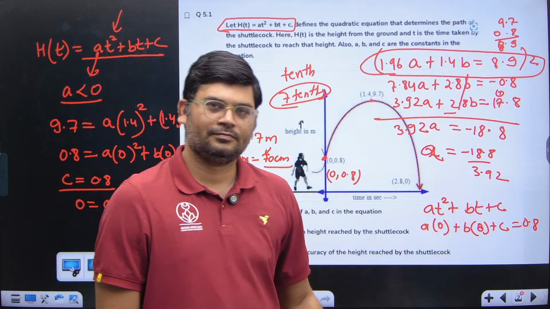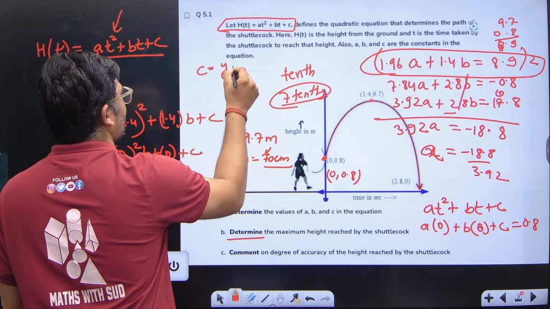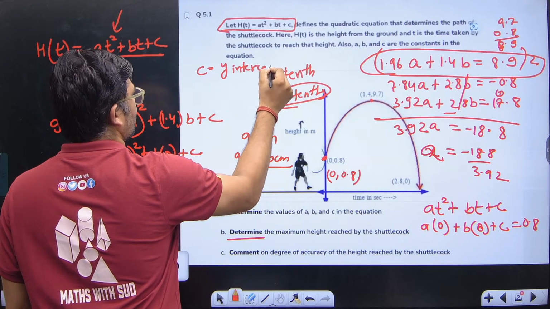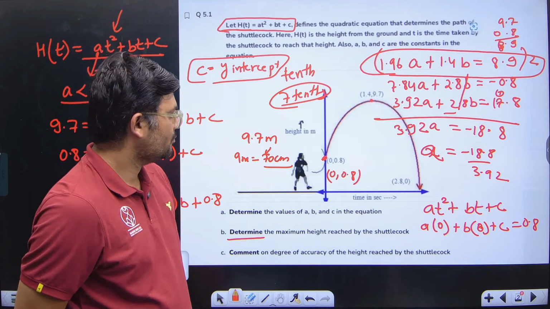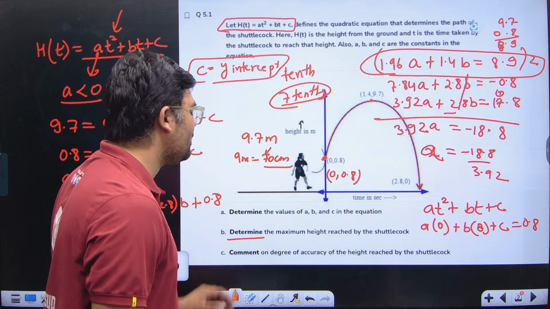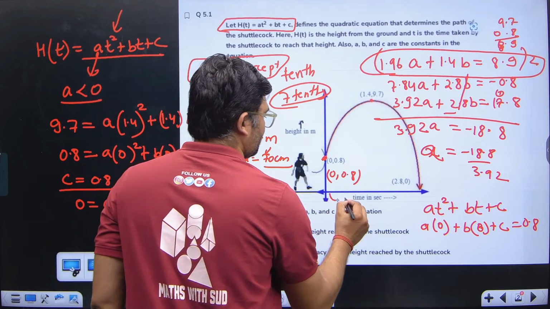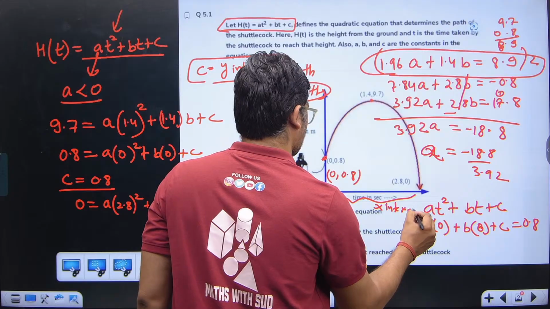So okay, understood. C is always known as y-intercept. You can try to understand from here as well. Oh, so that means 2.8, 0 is the x-intercept. It is not x-intercept. Yeah, you can say x-intercept. Correct. This is x-intercept. But C is always y-intercept.